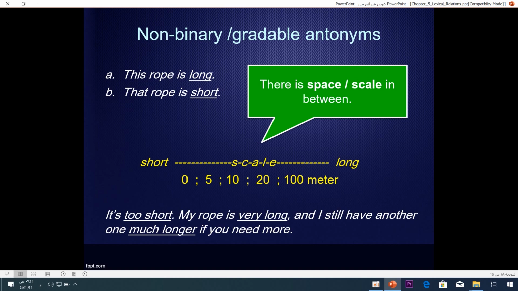So as you see here, with short and long, we have some other possibilities between them. My robe is very long, and I still have another one much longer if you need more. So this is very clear why we call them gradable antonyms, because there are possibilities between the pairs.